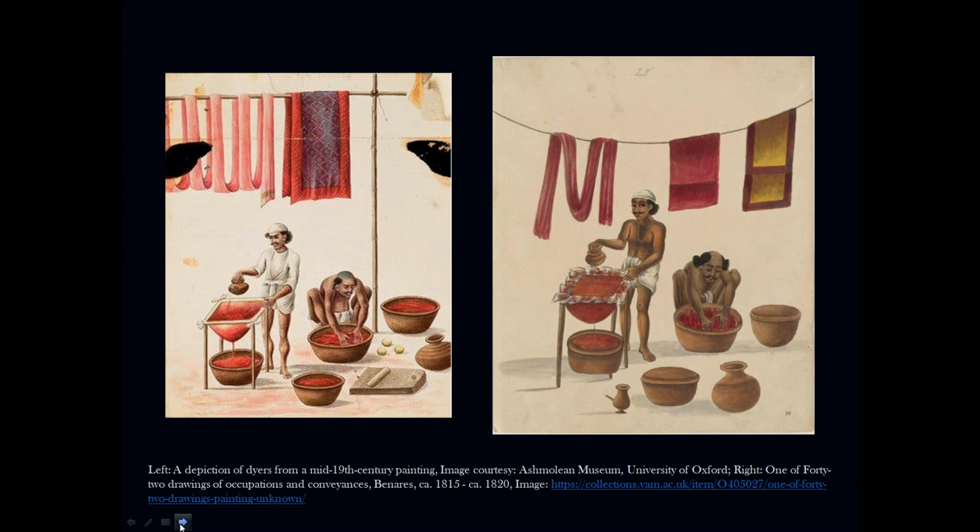And then there are also a mortar and pestle in the foreground, and there is another person who is involved in action, and perhaps this is an action in which the fabrics are put in the dye vat, and then they are dyed, and the next process will be to hang them on these bamboo poles.